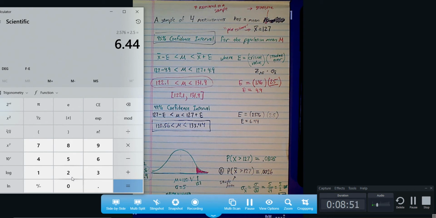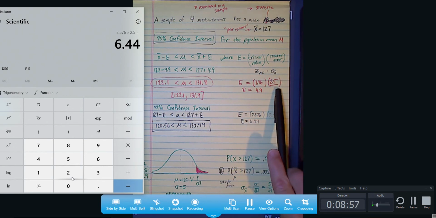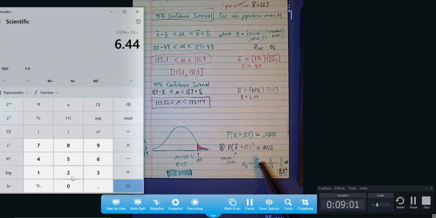Now there's a problem with what I just showed you, and that is I claimed to know the standard error. And if you remember how we computed the standard error, well, we took the standard deviation of the population and divided by the square root of n. Now I know what n is. N is 4. I had a sample of size 4.